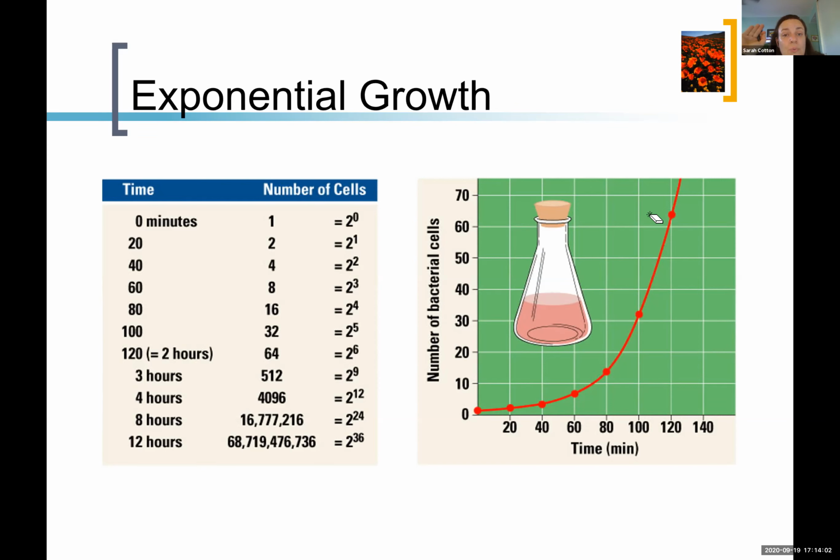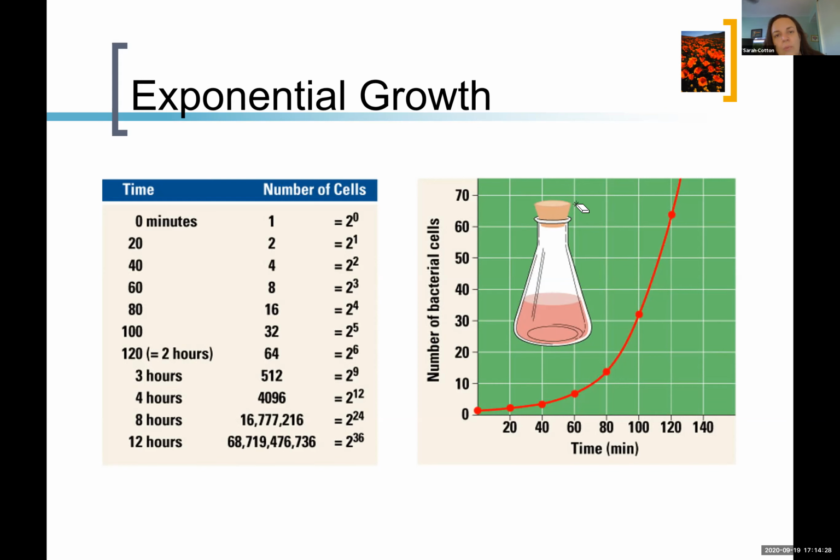So in reality, this little flask here is meant to show a flask that has nutrient broth. That's what we call the liquid food that we're trying to grow the bacteria in.